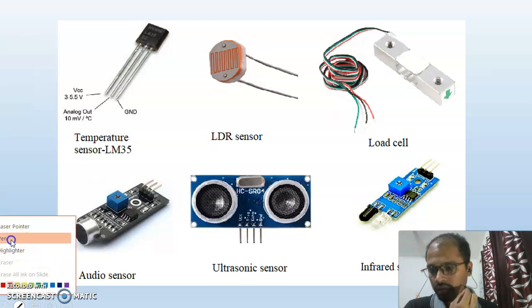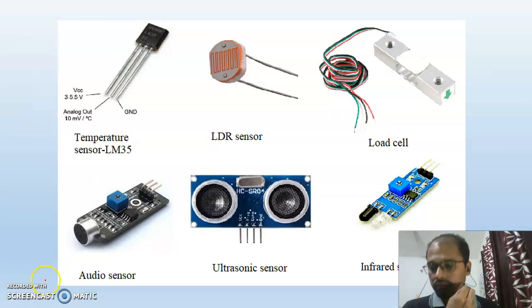Okay, so there is the VCC supply pin, the ground pin and the analog output. This analog output signal will be 10 millivolt per degree Celsius.